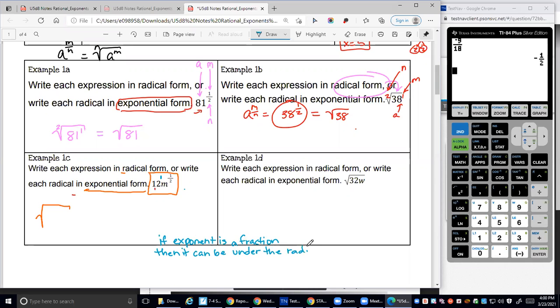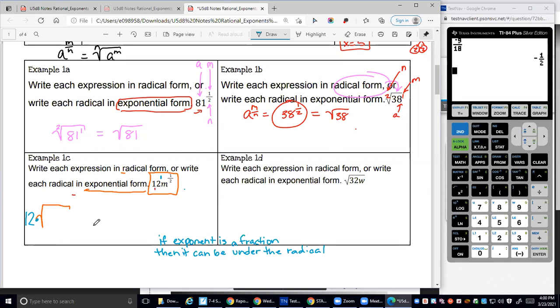Otherwise, he's not invited in, okay? It's an exclusive club only for variables that have exponents or bases that have exponents that are fractions, okay? So this 12, can he go under the radical? No, he is going to stand outside just looking in, okay? Kind of sad, but there he is. But he's still multiplying times everything, right?